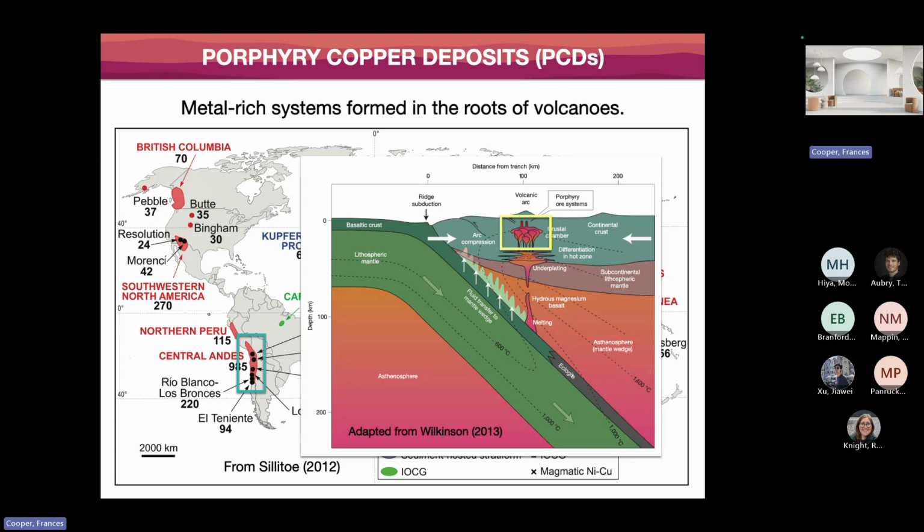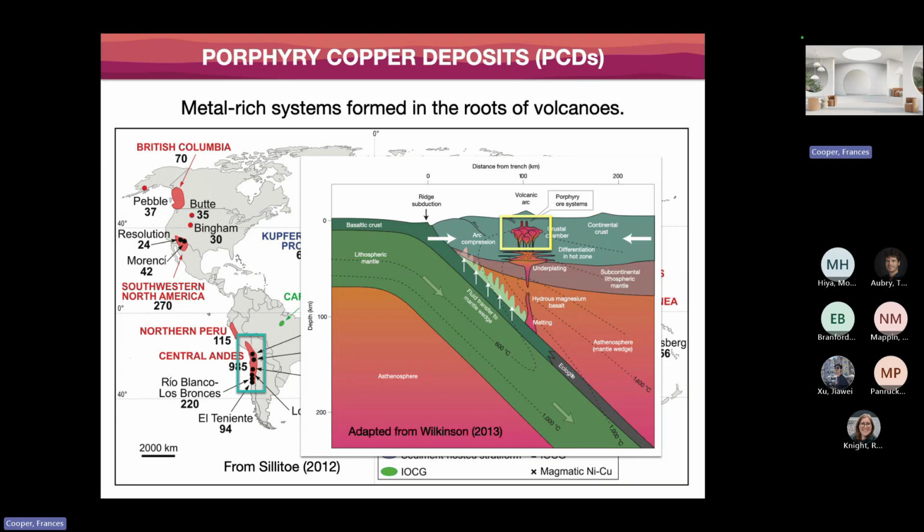You get a lot of fluids being subducted down with the subducting plate, generating melts down here in the mantle wedge. They are ascending up through the crust and they're fractionating as they go. And basically, the porphyry copper deposits themselves are just these little bits at the very, very top, forming the very tops of these granitic systems above these subduction zones.